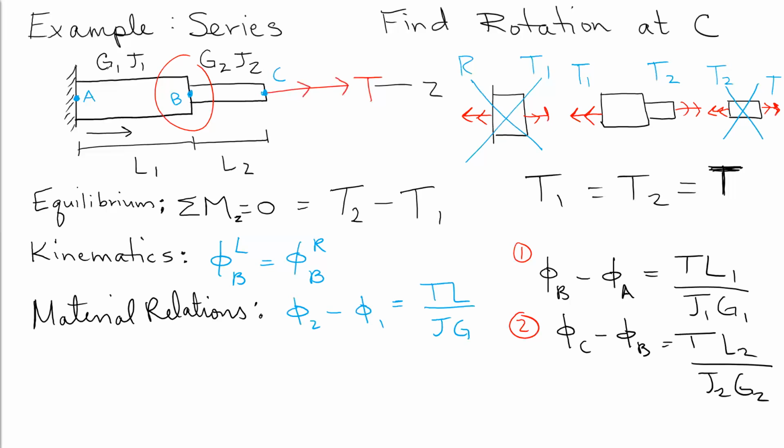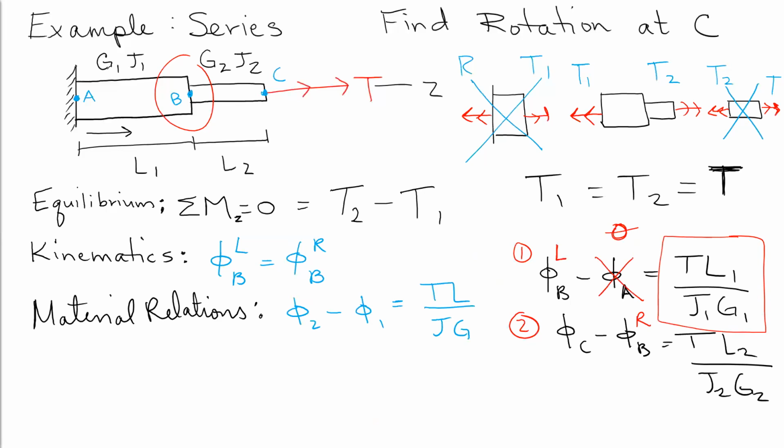Now we know that the rotation at A is 0, correct? We have a fixed end, so that becomes 0. Therefore, this equation here is the rotation at B. If we're a little more specific, this one would be on the left-hand side of B and this one on the right-hand side, but we know those are equal.